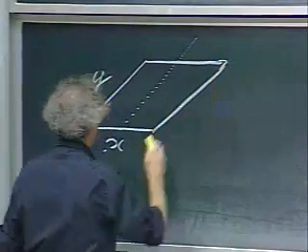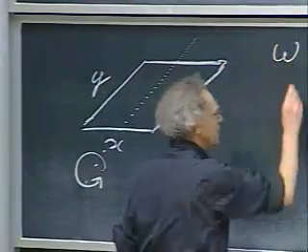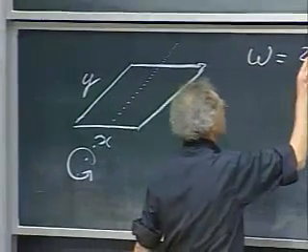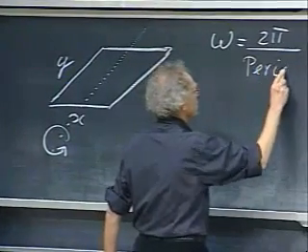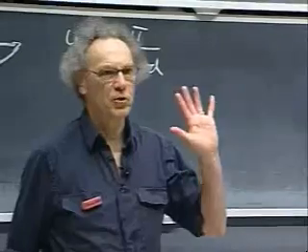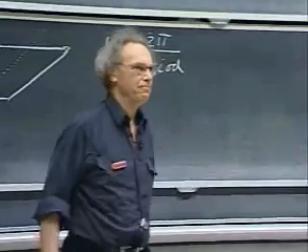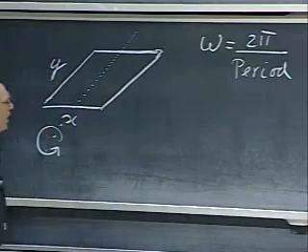I'm going to rotate this about this axis with angular frequency omega. Omega is 2 pi divided by the period. The period is the time of one rotation. Normally we choose for that capital T. I don't want to do that today because T can confuse you with Tesla. And so I'm going to rotate this around.